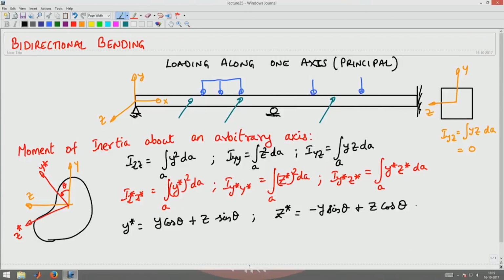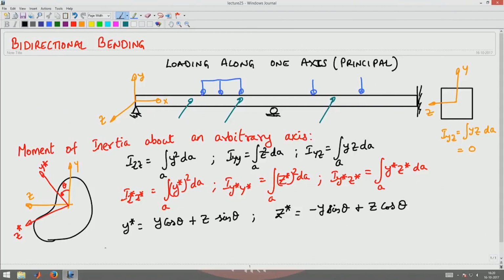Now, I substitute for y star and z star into the expressions here. So, I substitute this expression for y star in here, this expression for z star in here, and y star and z star in there, and I expand these equations.